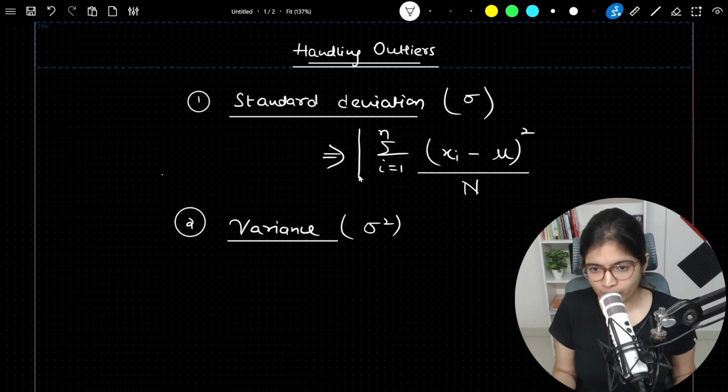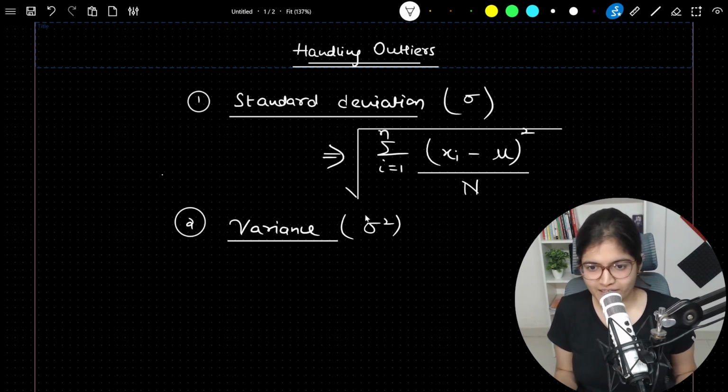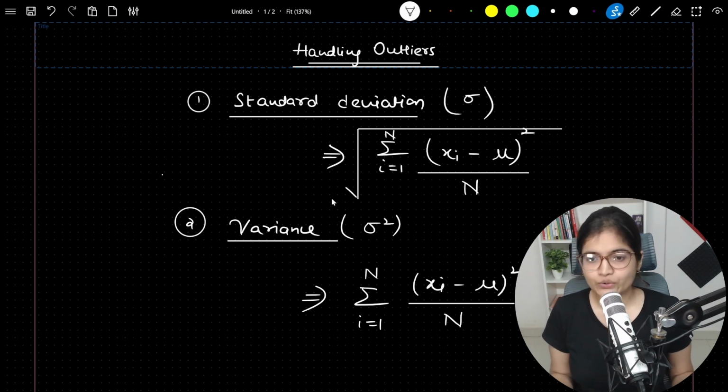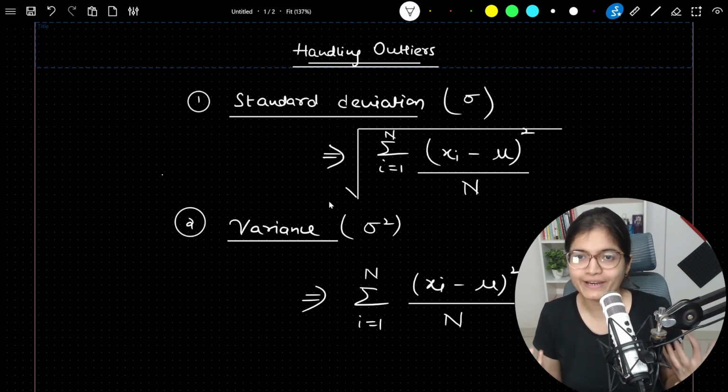And because we're talking about standard deviation, it is usually the square root of variance. So basically the variance is this exact value which I have evaluated, which is the summation of i equals 1 to capital N, where N is the size of the complete population, of (xi minus mu) whole square divided by capital N. So this is how we can evaluate the variance.